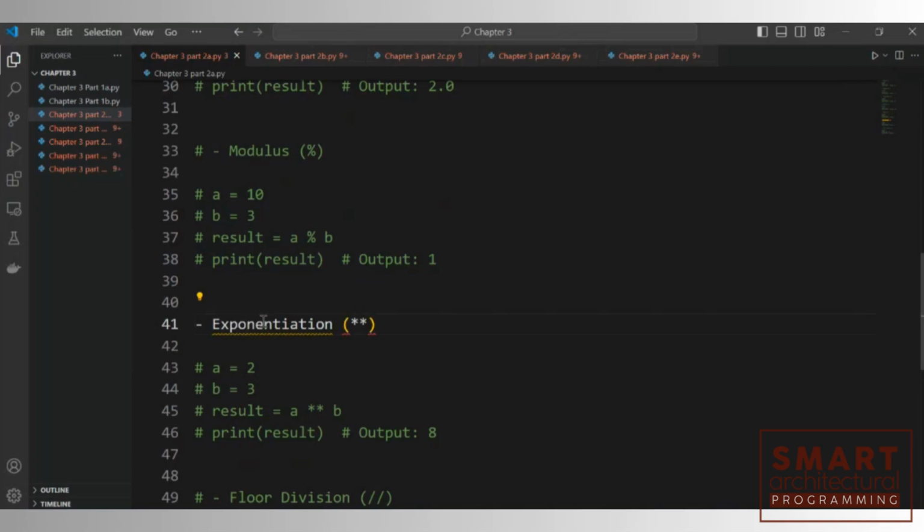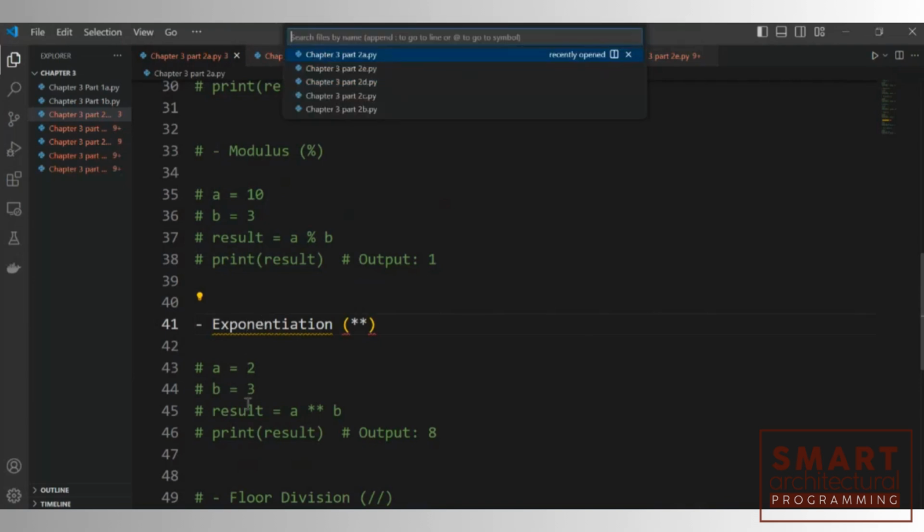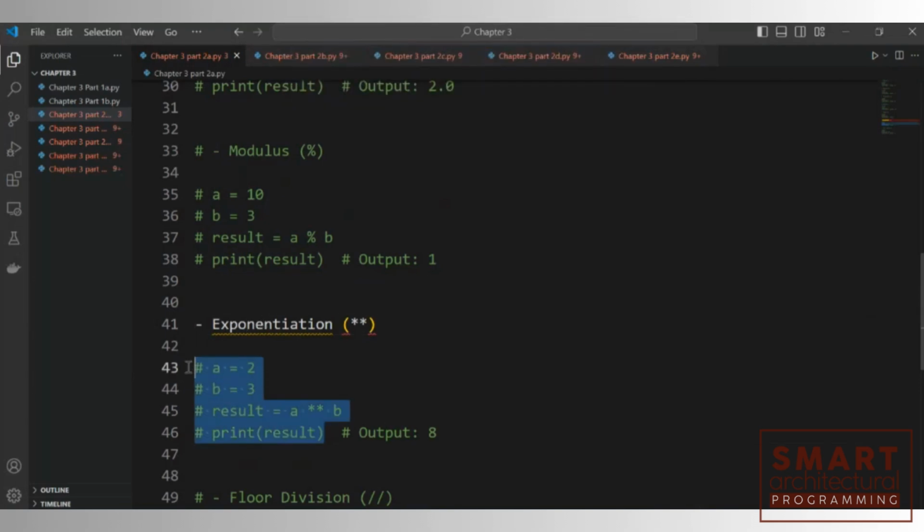To do that, we use 2 stars between 2 operands. If you look at the code here on line 45, you'll see how the operator is being used. When we run this operator, which is 2 to the power of 3, the answer should be 8.